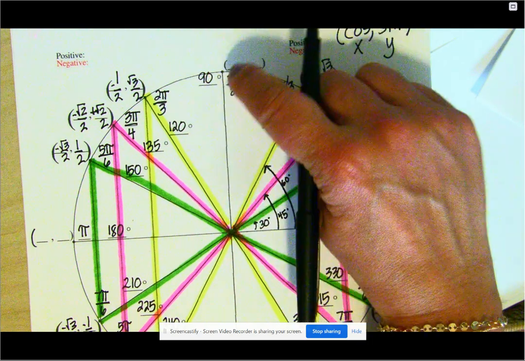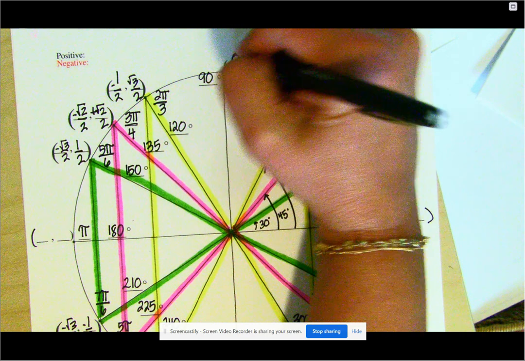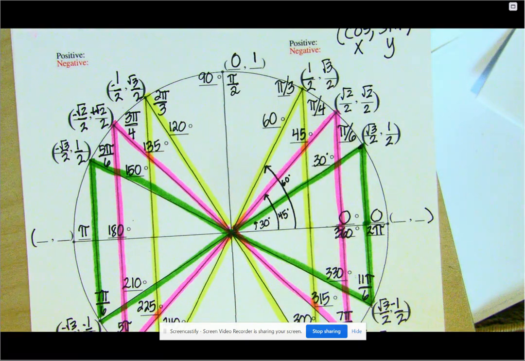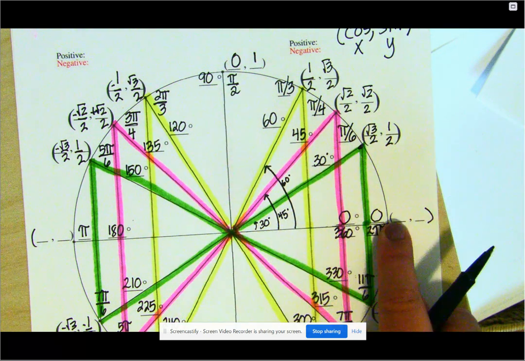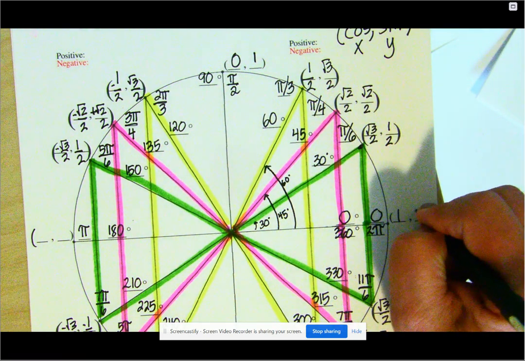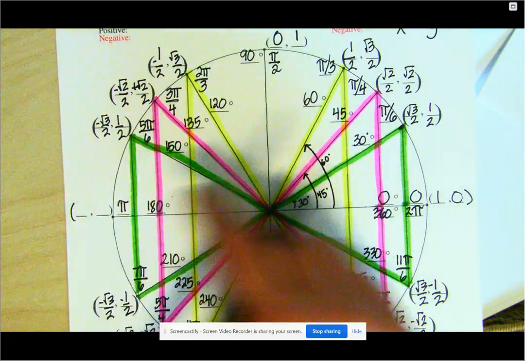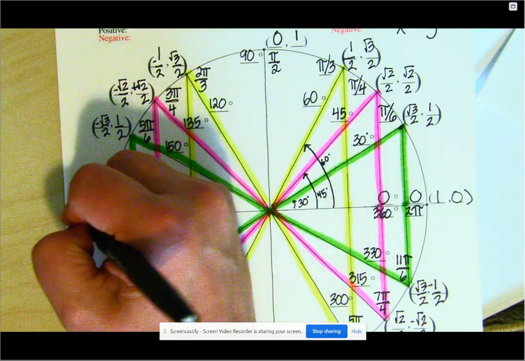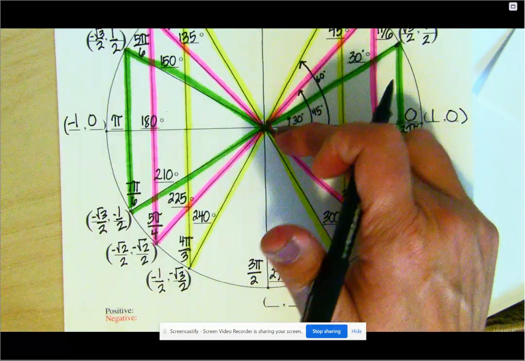How would you describe how to get to this point? 0, 1. How would you describe how to get to this point? 1, 0. How would you describe to get to this point? Negative 1, 0. And then down here, 0, negative 1.